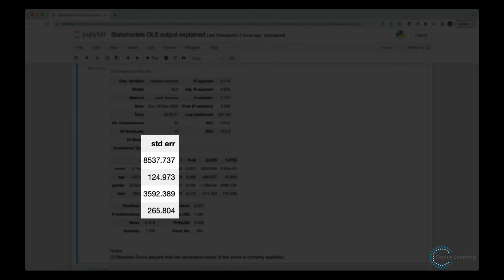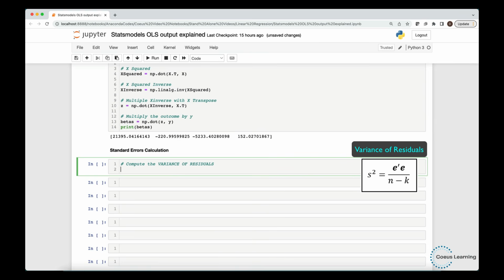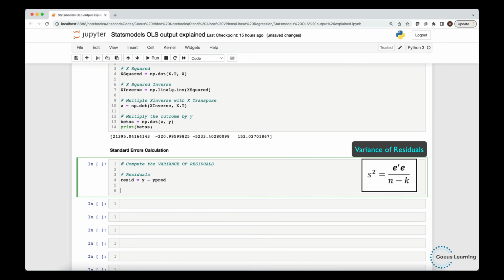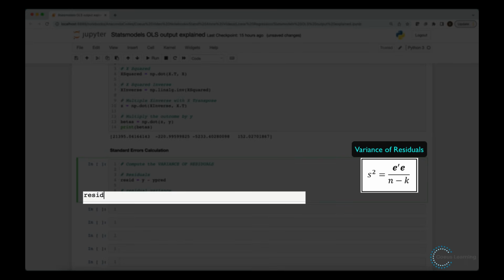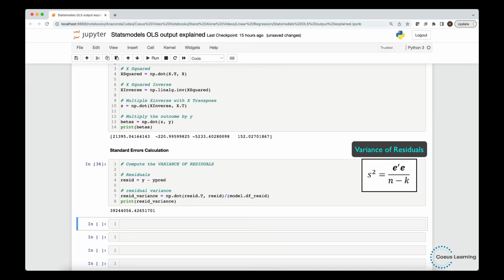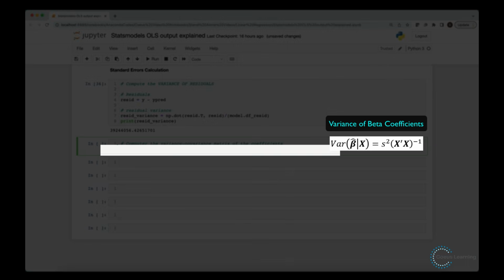Let us move to see how the standard errors are computed. We first compute the variance of the residuals. Then, taking the variance of the residuals, we compute the variance-covariance matrix of the coefficients.